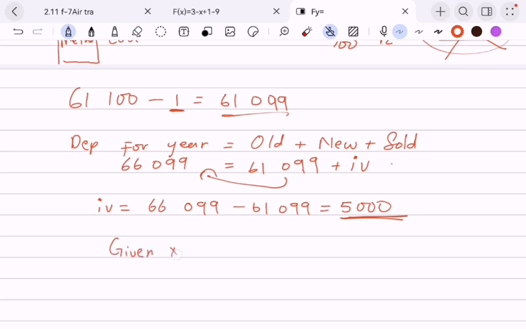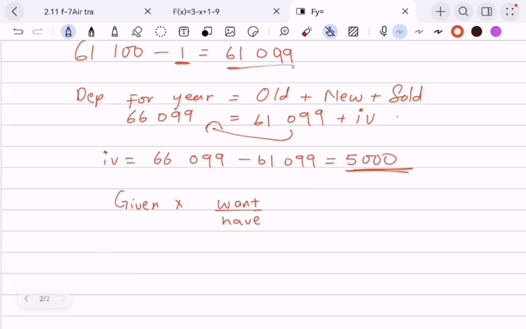Given times what we want over what we have. We just found 5,000. So this is given. And we know this is the 10%. Right? You bring your 10 downstairs. There you would have your 10. And what about your wanted? We are looking for the cost. And the cost is before any depreciation is taken into account, which is 100.